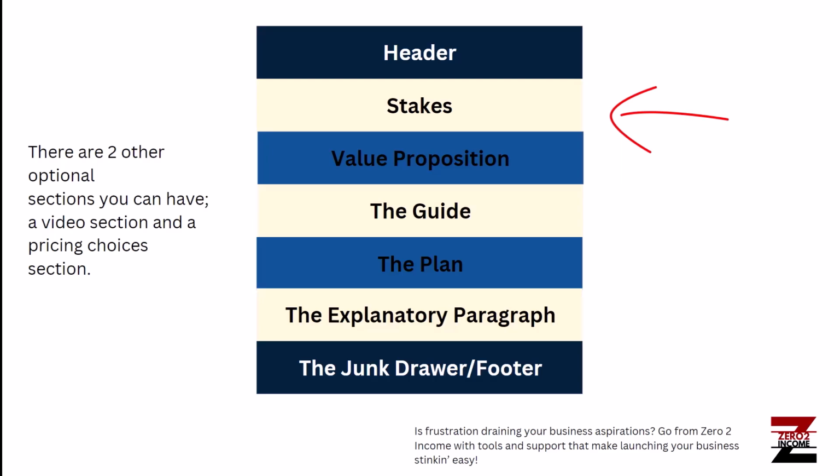And it's not just negative stakes. It's also a positive stake: what happens if they do purchase your product? And that leads you into the value proposition. Again, what are the benefits to the customer when they purchase your product?